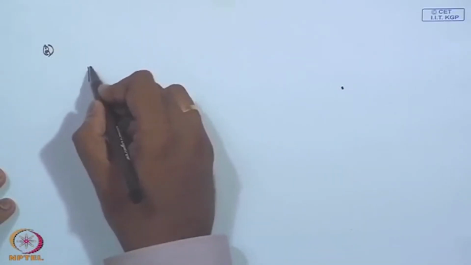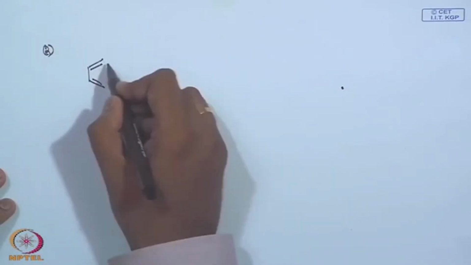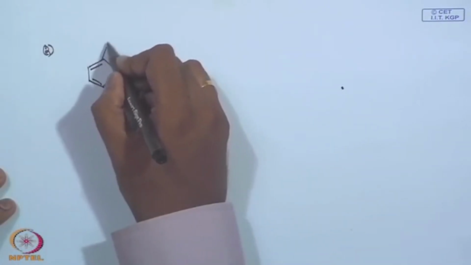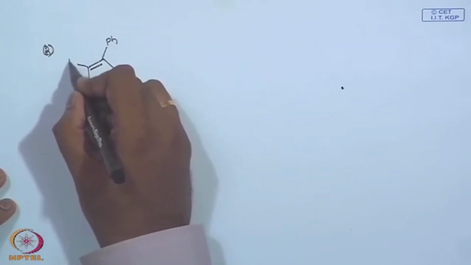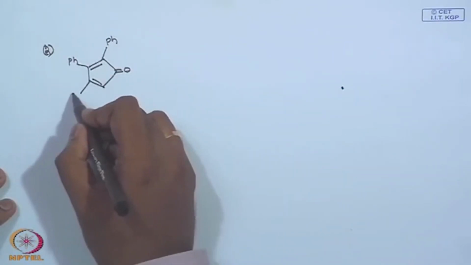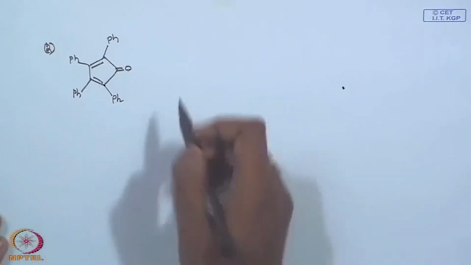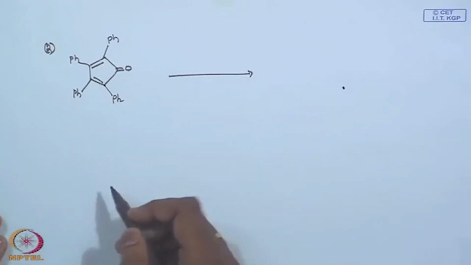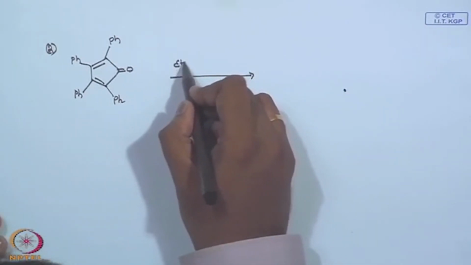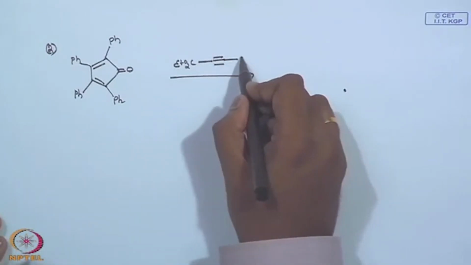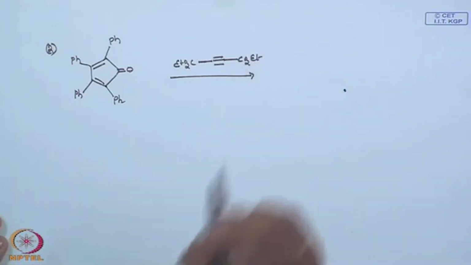So we will take a cyclopentanone type of system, where you have all like phenyls, like aromatized one. Okay. Now we have this, we will take this, EtO2C.